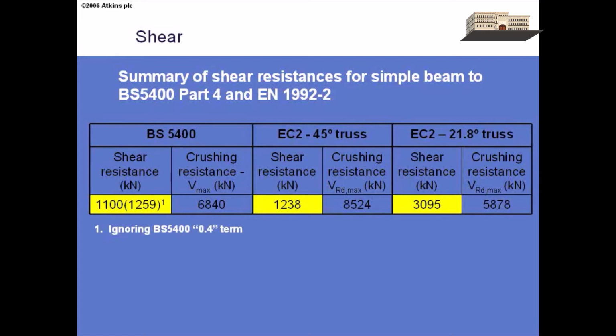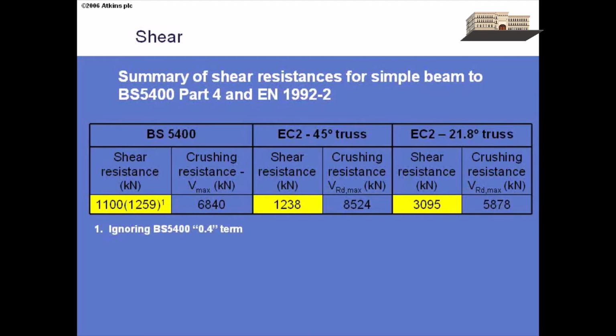So the shear resistance is still governing on links, but we have reduced the crushing resistance. You can imagine for different sections, going from the steep angle to the flat angle, these two could cross over, and you might end up making the crushing critical, but not if you've got a lot of concrete, like we have here. So I'd say generally it's going to be advantageous to go for the flat truss angle to minimise the amount of links that you've got.